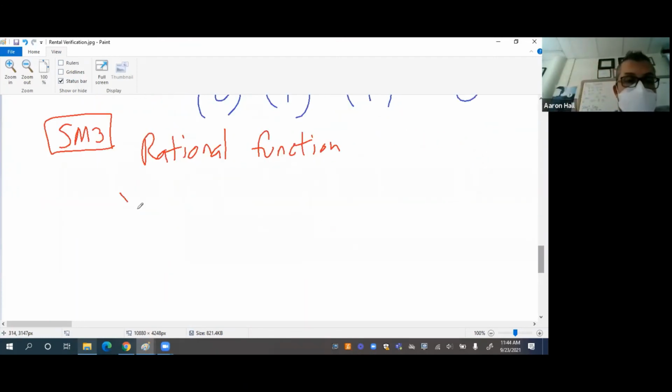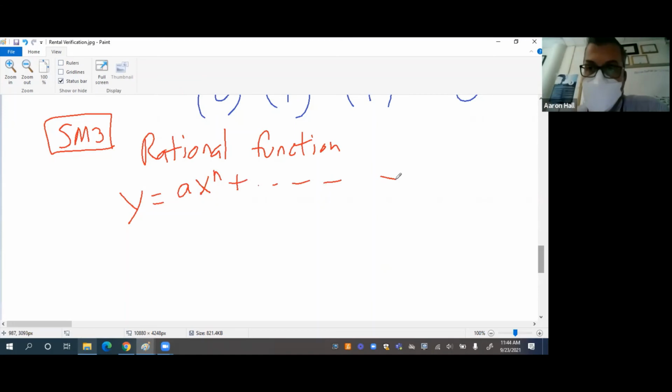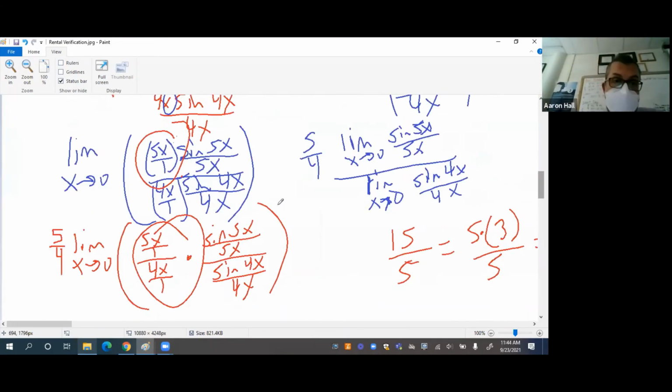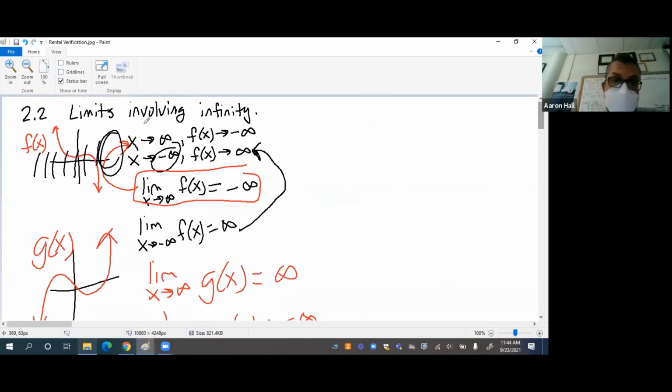So we have some polynomial. We have a times x to the power of n plus ... The leading term is the only thing that really matters when we're talking about end behaviors. That's what we're talking about today, end behaviors, right? That's when we're talking about limits involving infinity, even though our first examples did not involve infinity.